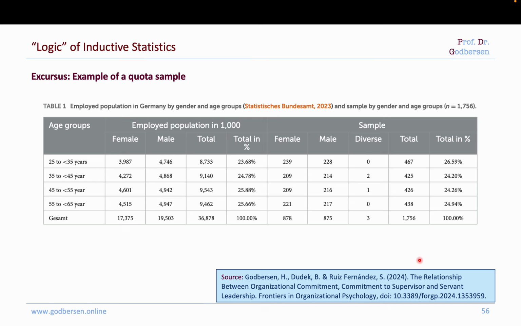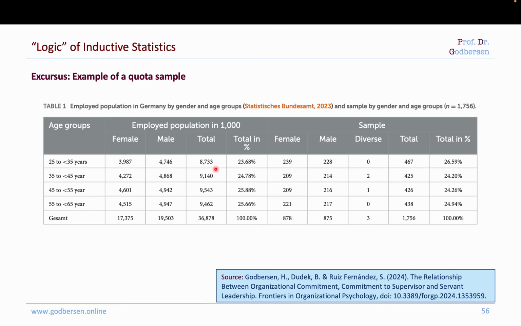My co-authors and I wanted to have a sample that represents the employed population in Germany. So what we got from official statistics is how many women and men are employed in Germany in certain age brackets: 20 to 35 years, 35 to 45 years, 45 to 55, and 55 to 65 years.